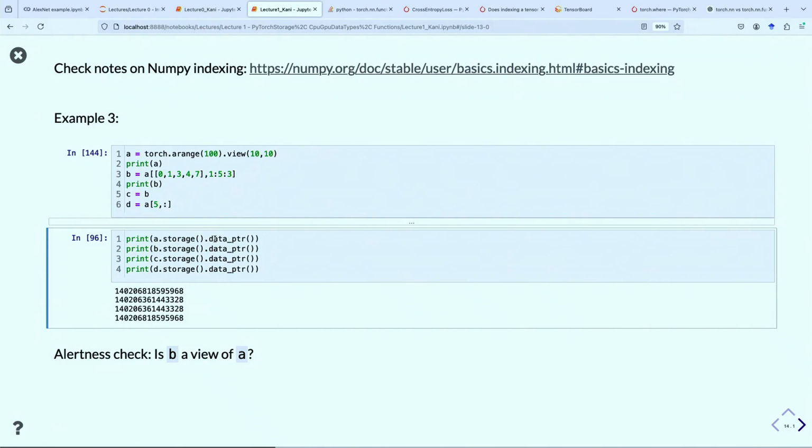So the issue right here is that in theory, B has less data than A. In the previous examples, we were able to create a view out of A because we only needed a subset of A to form a new tensor. But the issue here is that these are effectively random numbers.